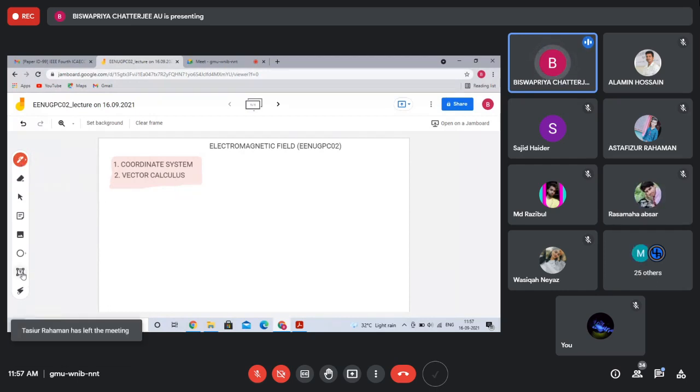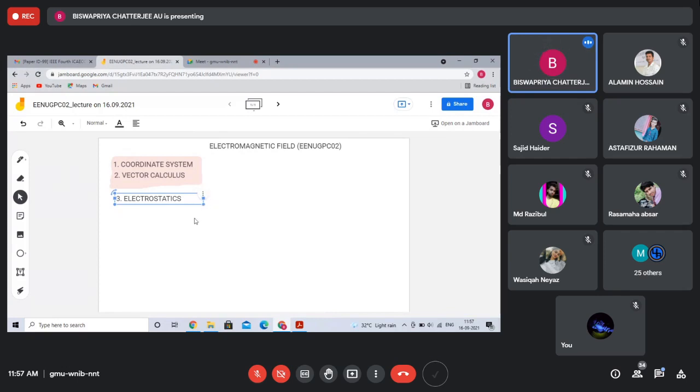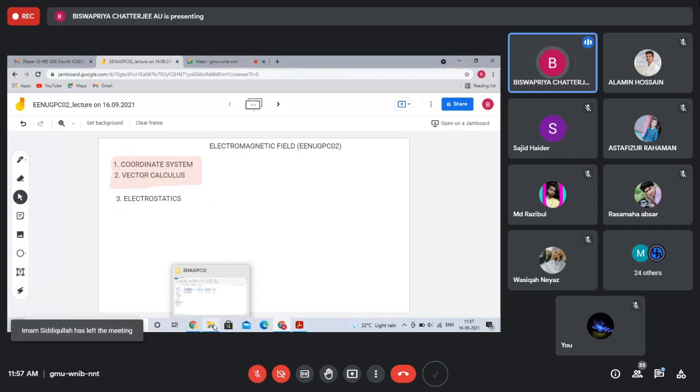The next module is electrostatics. What do you mean by electrostatics? In electrical engineering, everything starts from the flow of electrons.